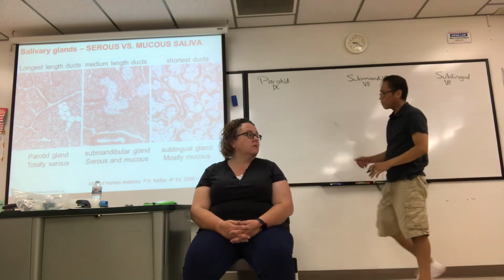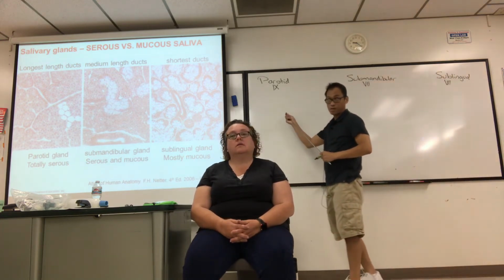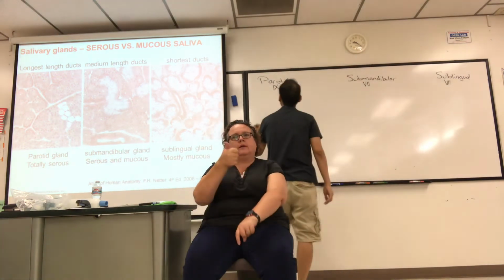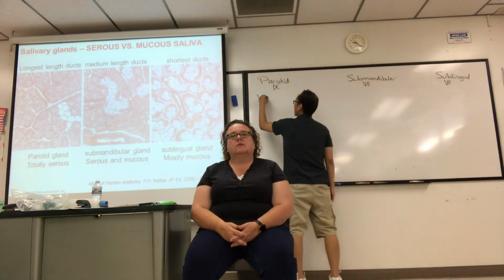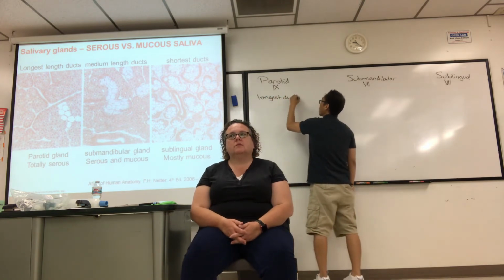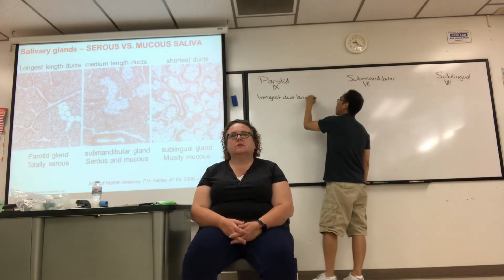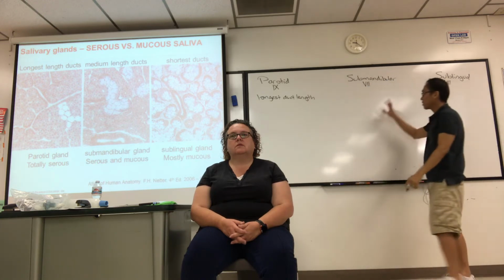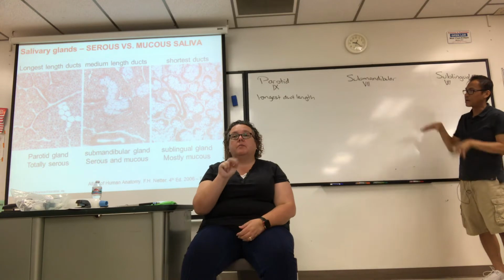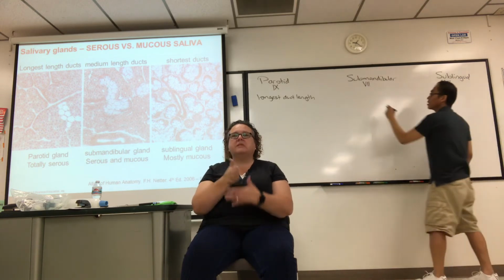The duct length of the parotid salivary gland is the longest. Compared to the other ones, the submandibular duct length is medium, in between.